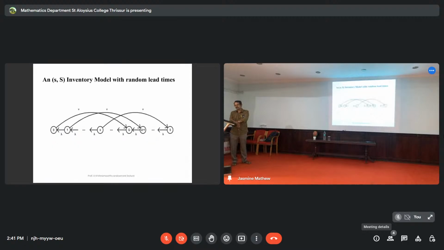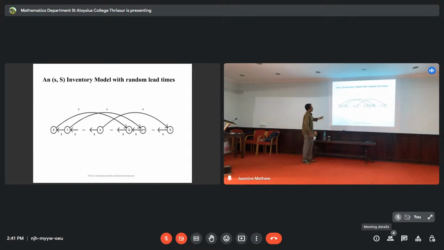So now we will study some queuing models using this method. Here is an (s,S) inventory model with random data. What happens here is that we have S inventory items, where customers arrive according to a Poisson process with parameter lambda, and there is no service time, so the customers are served immediately.